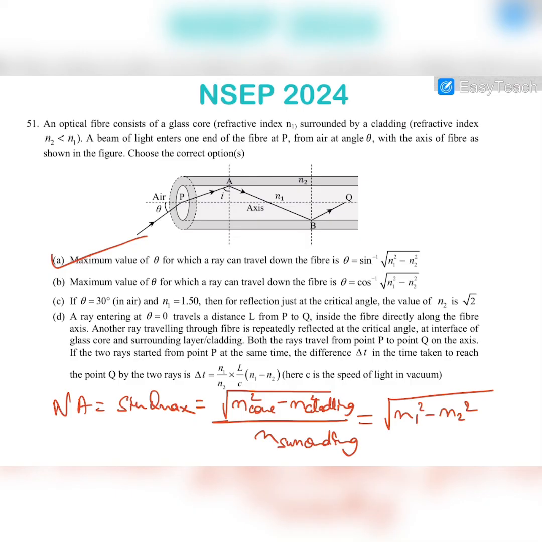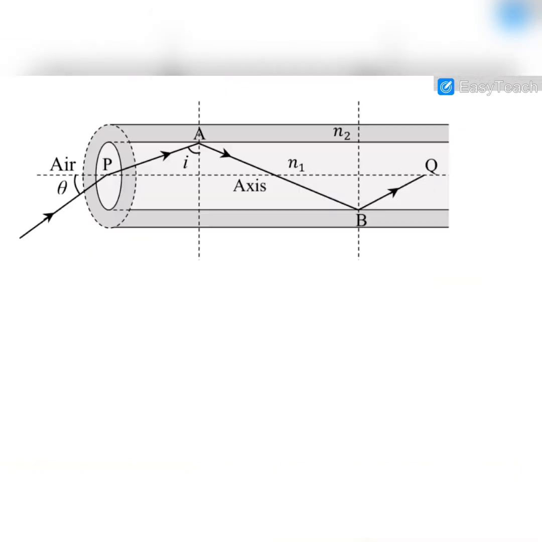Now option B is obviously wrong, and option C says that if theta is 30 and n1 is 3 by 2, then for reflection at the critical angle the value of n2 should be root 2. So if theta is 30, let us see this situation, and let us write this angle as alpha.